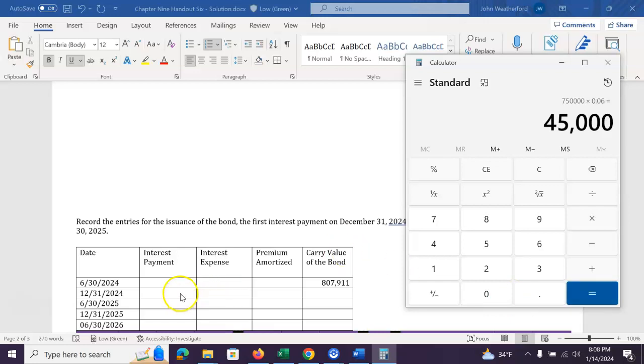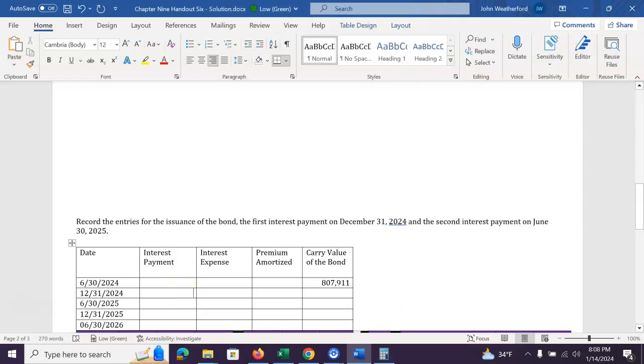So our interest payment that we'll make every 6 months is going to be $45,000, and that's the same each time. I'll just fill that in. So the interest payment stays the same each period because it's half the stated rate times the face amount, and the stated rate and face amount don't change.